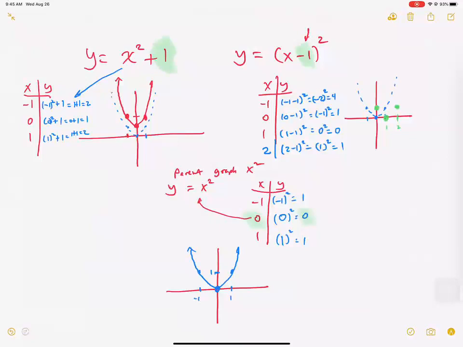And when x is negative 1, y is now 4. We have our parabola. It's the same parabola, just shifted over to the right.